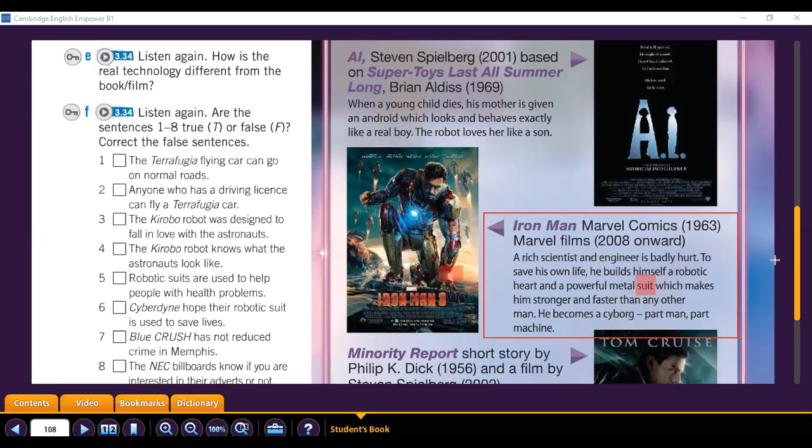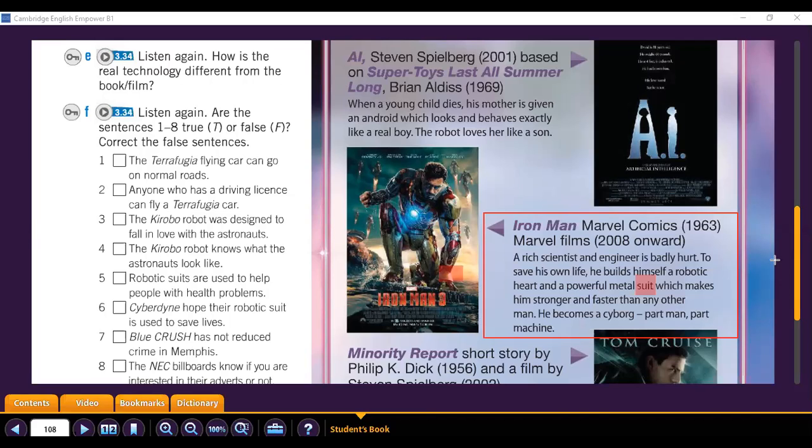He has a powerful metal suit, tiene un traje metálico, ¿no es cierto?, que le hace mucho más fuerte, and he has a robotic heart. So in this case, we have what we know as a cyborg, which is part machine and part human.